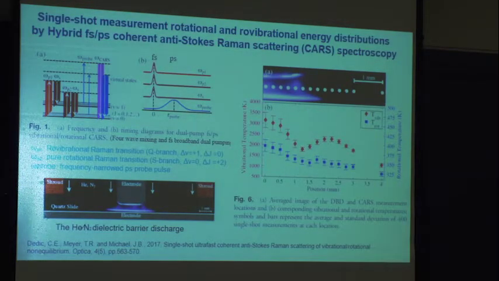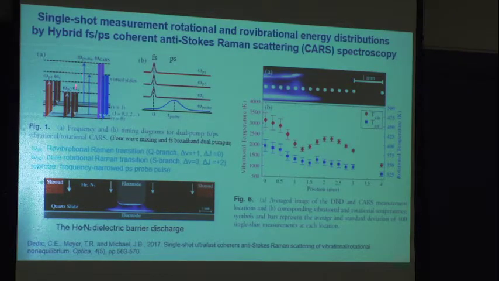Recently, James Michael at Iowa State also introduced picosecond CARS to measure the vibrational and translational temperature. What he did was use a picosecond laser to pump to the first virtual excitation state, and the second one generated this kind of vibrational excitation.